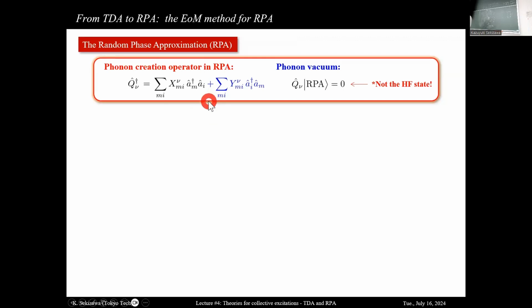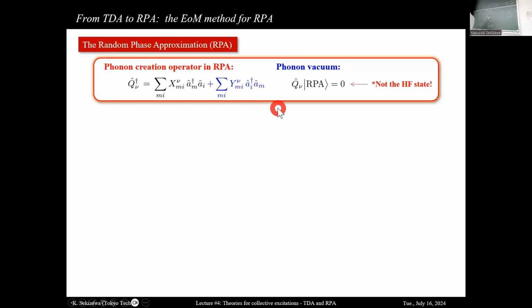A_I is the annihilation operator of an occupied state, and A_M dagger is the creation operator of an unoccupied state. So this is a superposition of particle-hole excitations, and up to here it is the same as the Tamm-Dancoff approximation. But in addition to that, we have an additional term here. This is a kind of backward amplitude.